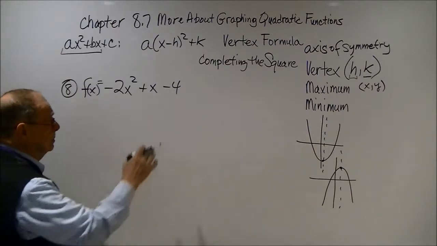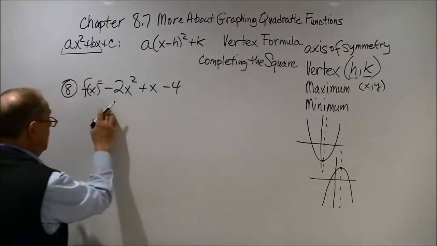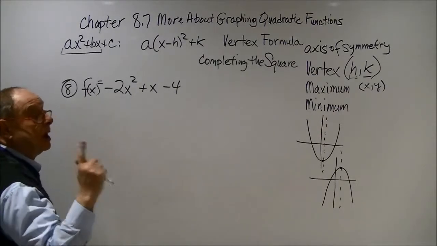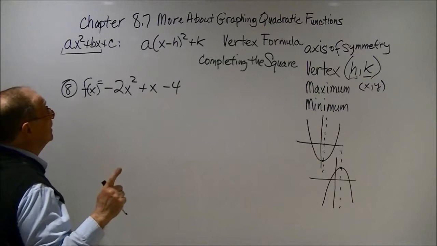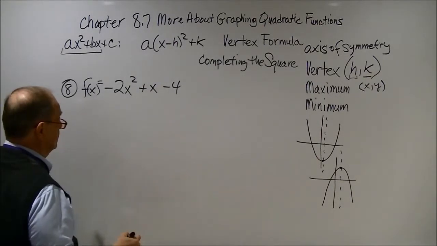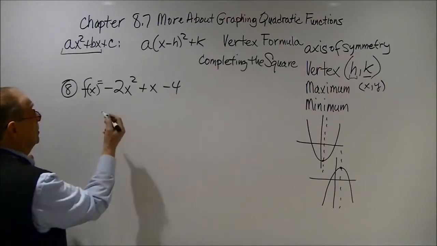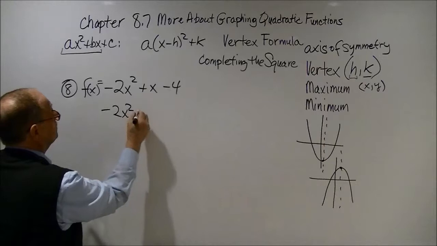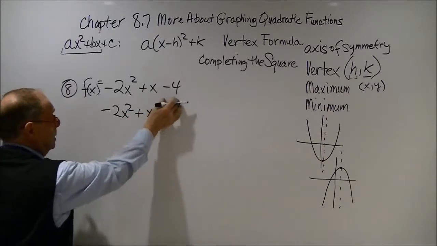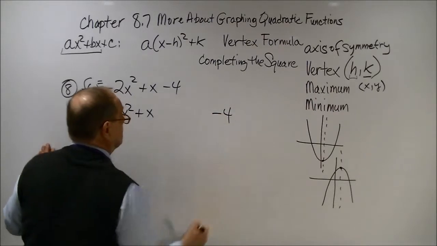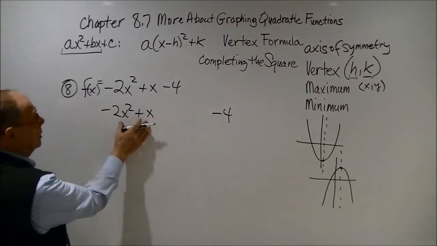And in order to complete the square, we want our coefficient of x squared to be a positive 1. So we have to do a little something with this. So I'm going to rewrite it. I'm going to move this term out here to the side because I want to work with this.